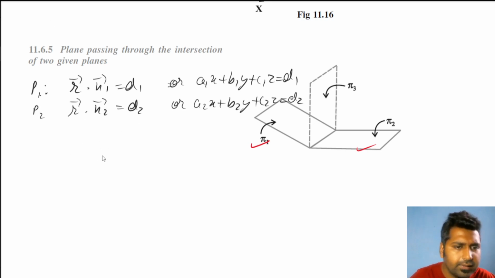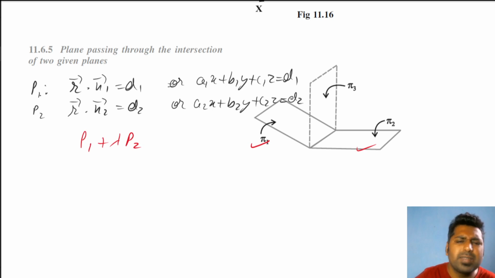So the idea is, the new equation of plane is p1 + lambda times p2. That's it, just remember that. What is lambda? Lambda is some parameter. Again, different values of lambda mean different planes this time.